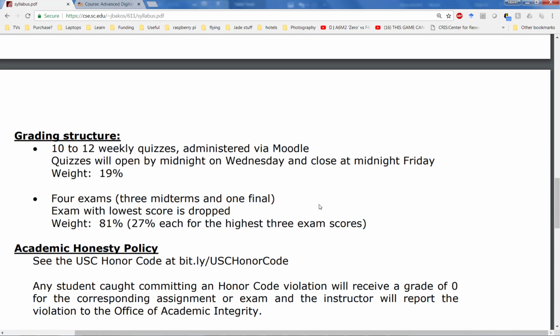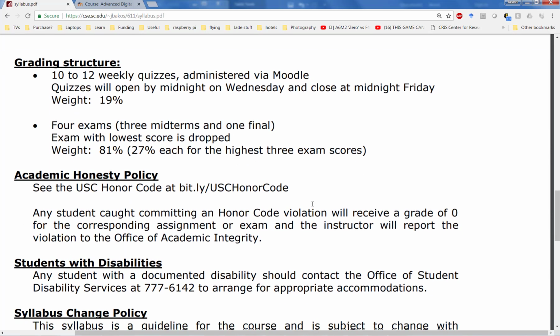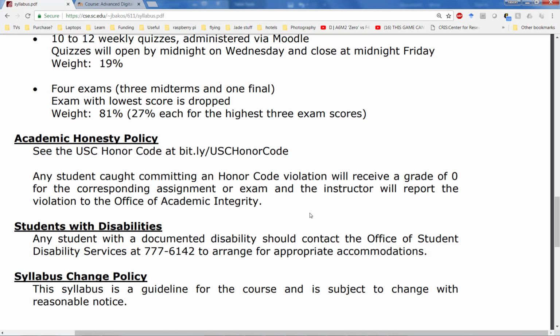For our academic honesty policy, please see the USC Honor Code at bit.ly/USC Honor Code. I will follow that honor code in this course. Any violations of the honor code will result in a referral to the Office of Academic Integrity, as well as a grade of 0 for the corresponding assignment in which the violation was committed.